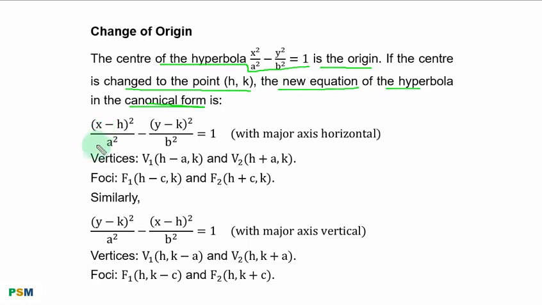or this form is expressed in this form with major axis horizontal. Considering the major axis horizontal, we have the vertices v1 to be h minus a, k, and v2 h plus a, k.